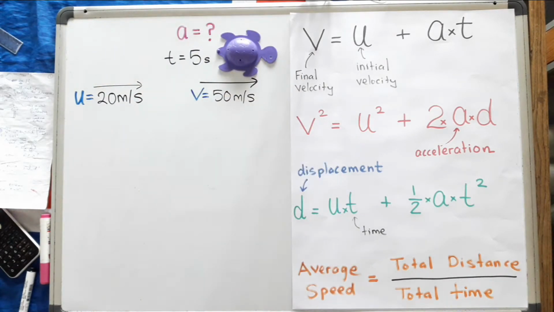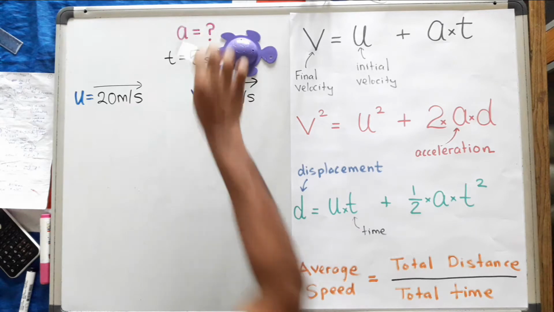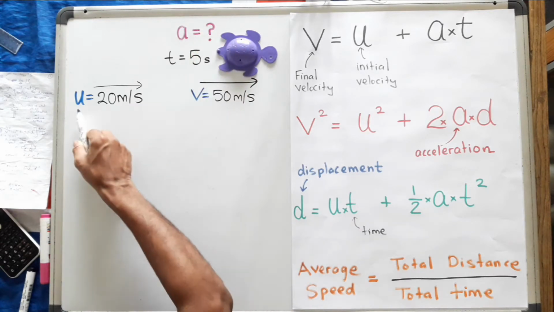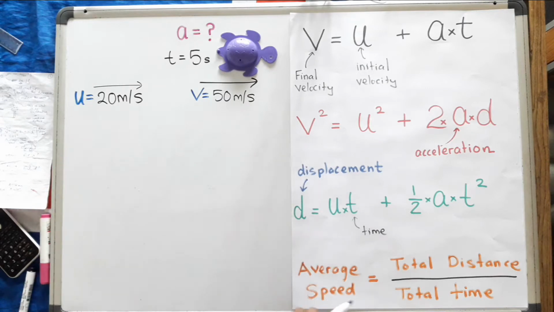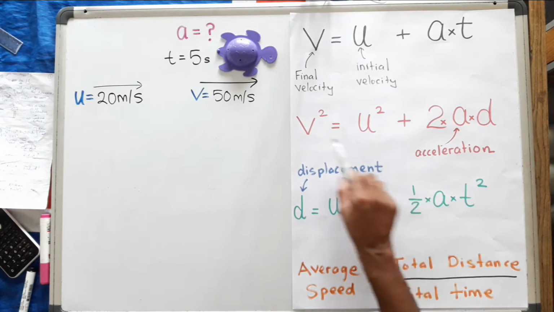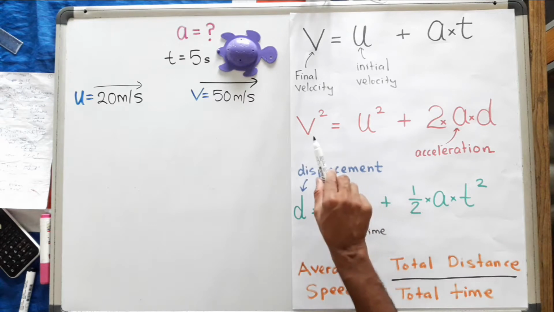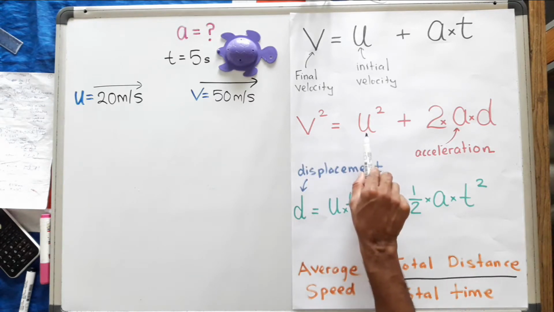That's the final velocity, the velocity it ended up with. Next, we need to choose a formula with an A, and one with U and V, because we have values for them, so they can be really helpful. Which one of these formulas has U and V? The green one only has U. The red one has V, U, and A, so he's a potential candidate.